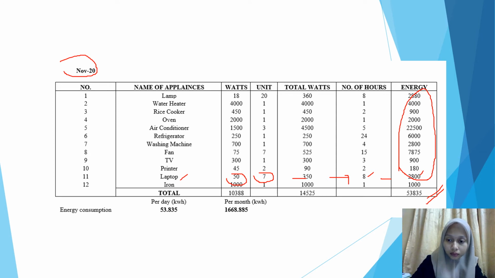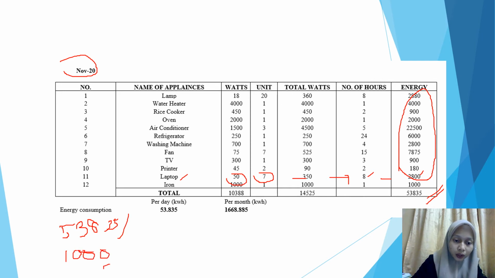So how to calculate the per day is 15,313.5 divided by 1,000, and we get 15.835. On November, we have 31 days.